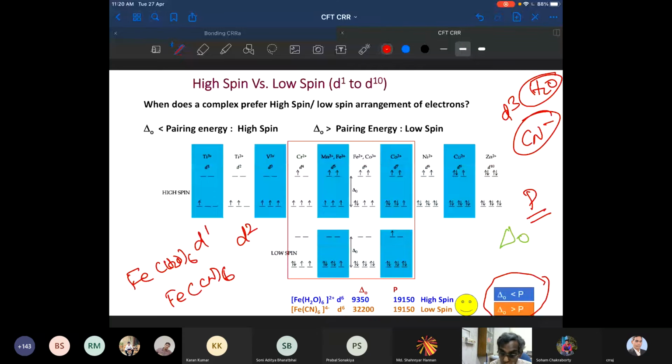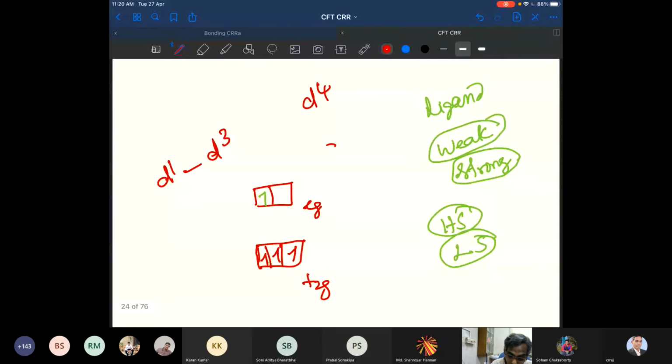So for d4, there are two possibilities. One is the high spin, that is your high spin complex. All those given at the top are high spin complexes. And then another option is your low spin. That is coming from d4, d5, d6, and d7. Your d4 to d7 can either have a high spin or a low spin complex.